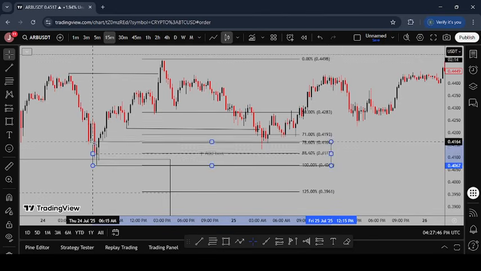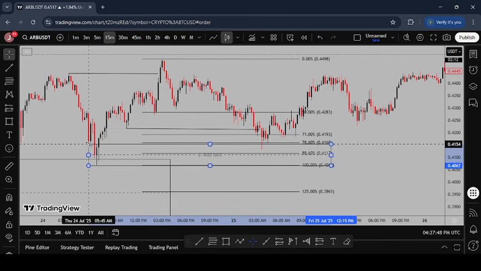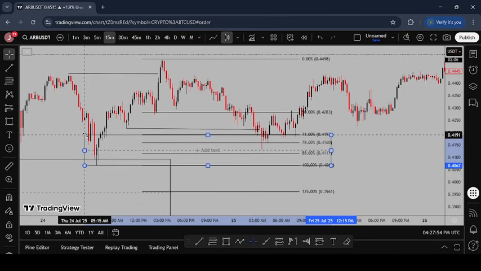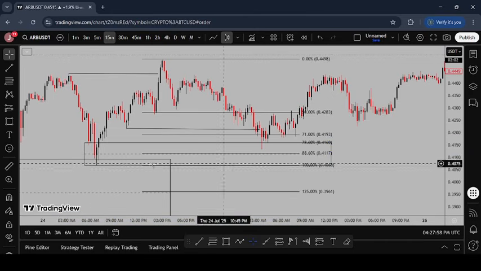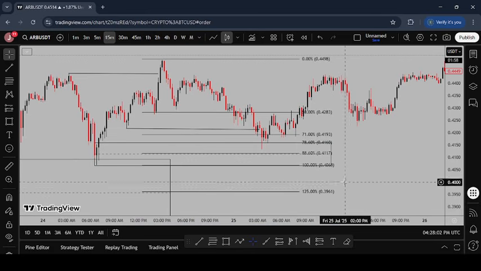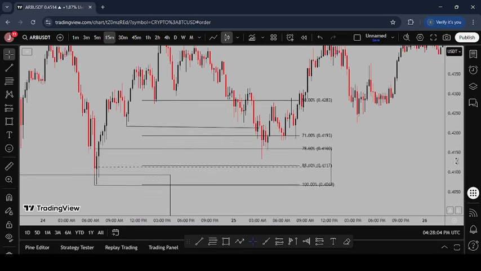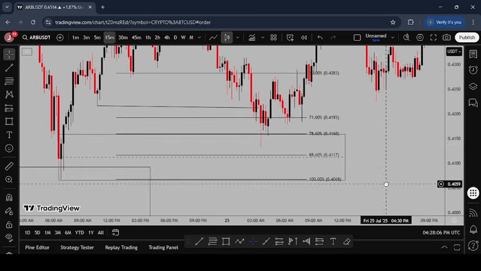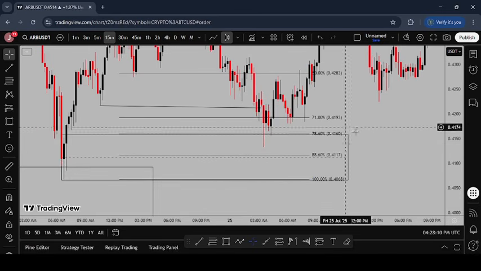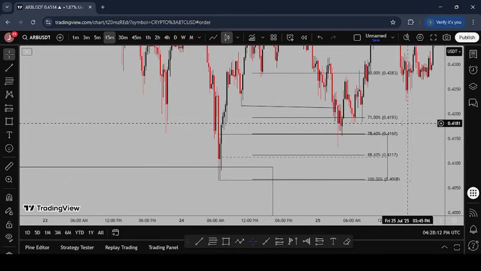So even if I decide to say I want to buy from the 78, all the way, even if you are buying from 71, you're not late based on your analysis. So you can see putting my order block at the 78 all the way to the 100 to buy on the fib level. You can see how beautiful that appeared. The market just entered, rejected, entered again, rejected. Beautiful buy to the upside.